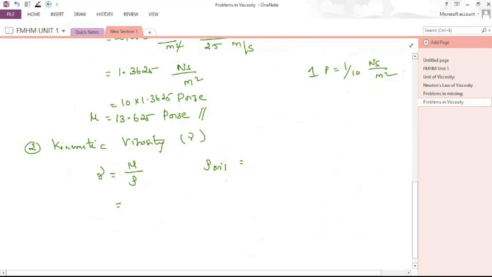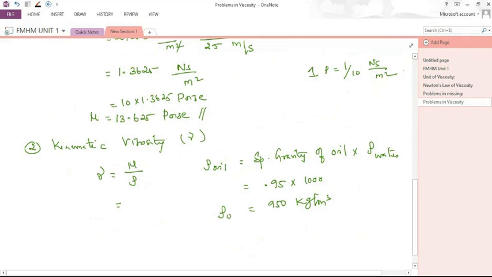If you want to measure the density of a particular liquid, here you are considering oil, so the specific gravity of oil into the density of a standard liquid, which is water. Specific gravity of oil is given, which is 0.95, and density of water is 1000. So you get 950 kilogram per meter cube.